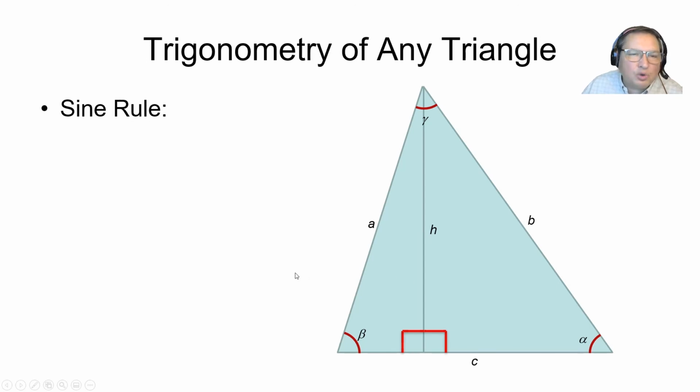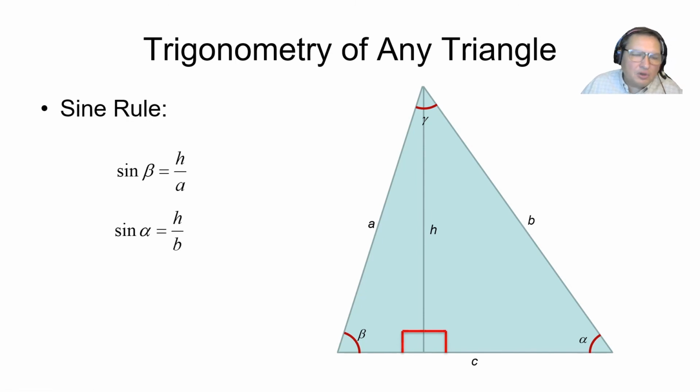For example, for one triangle we get sine beta equals h, that's the opposite, over a, that's the hypotenuse, and for the other one it is sine alpha equals h over b. We use here the observation that the edges a and b, so this and this, of our big triangle are now hypotenuses of the smaller ones, and they both share the same opposite edge to the angles alpha and beta, which we called h.